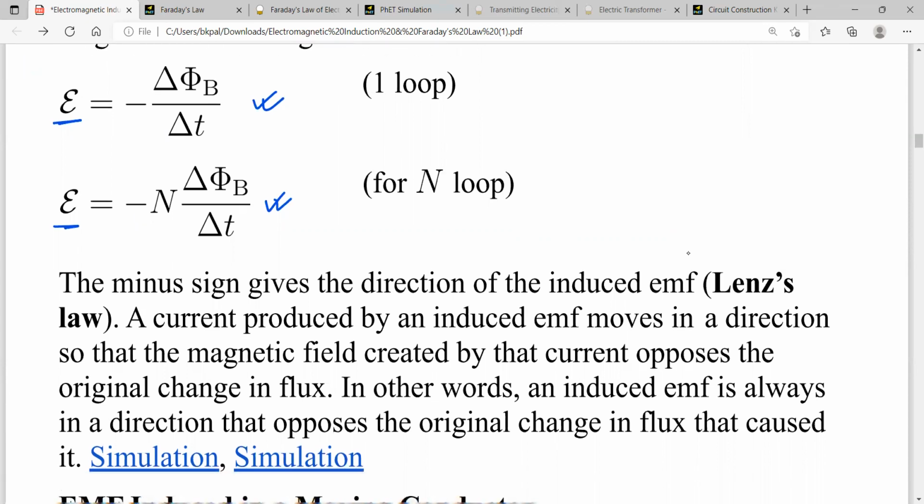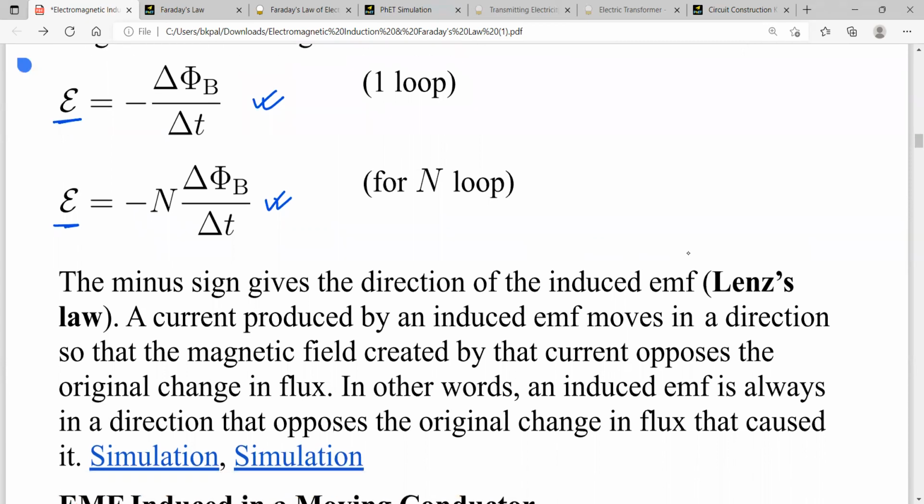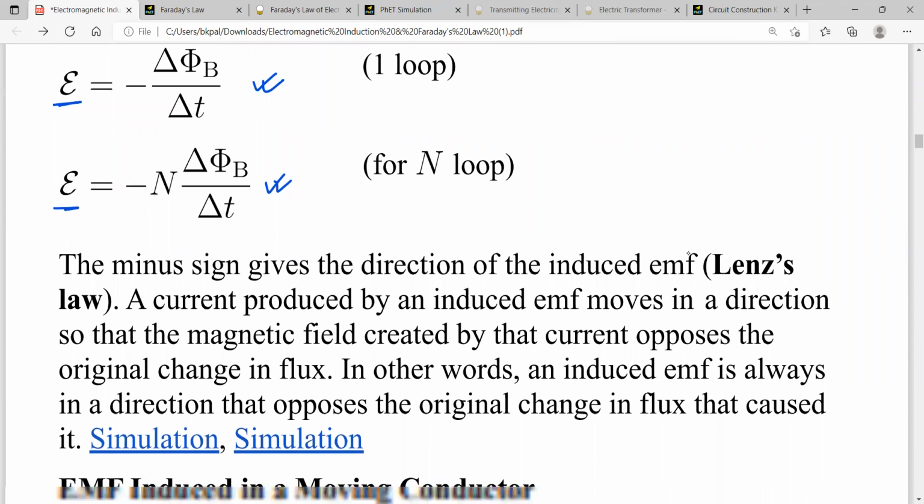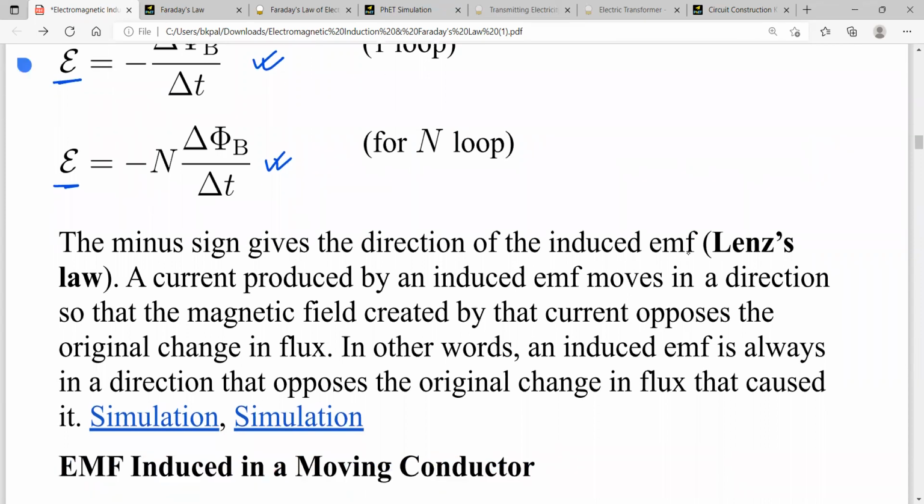What is the physical meaning of this minus sign? You know that when you change the magnetic field through a circuit, there will be a current. And you know that if there is a current in a wire, there will be a magnetic field.